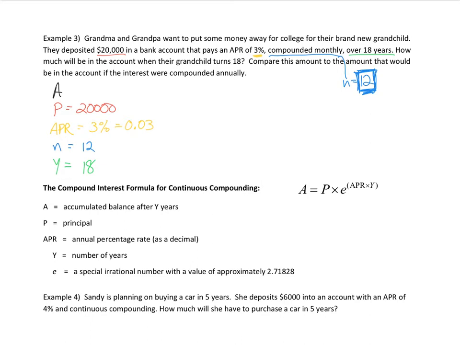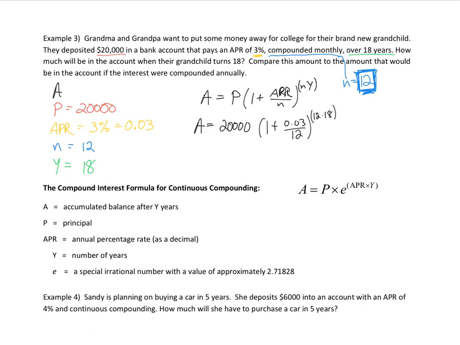All right. So we can continue by writing out our equation. A equals P times 1 plus APR over n, to the ny power. Next, I'm going to fill in all the numbers that I know. This would be 20,000 times 1 plus 0.03 divided by 12, to the 12 times 18 power.